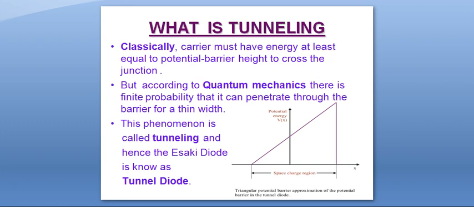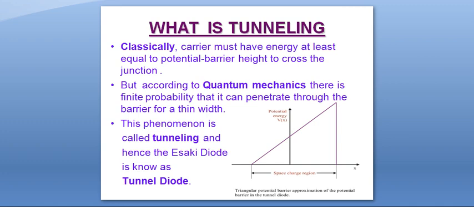This tunneling is mainly about potential energy, how much the potential energy is increased or decreased. Classically, the carrier must have energy at least equal to the potential barrier height to cross the junction.